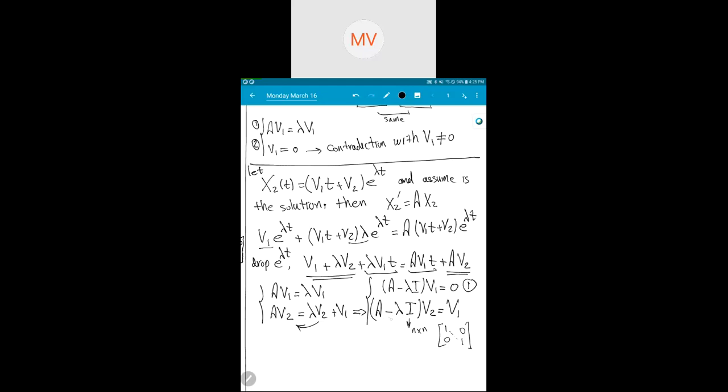So when v2 comes out, this is simply A minus lambda I, same as in the determinant set equal to 0. It's the same. So that's where that I is coming from, otherwise the multiplication wouldn't make sense. Like A minus lambda alone times v2 doesn't make sense. It has to be a matrix multiplication. Did I answer your question, Alex?